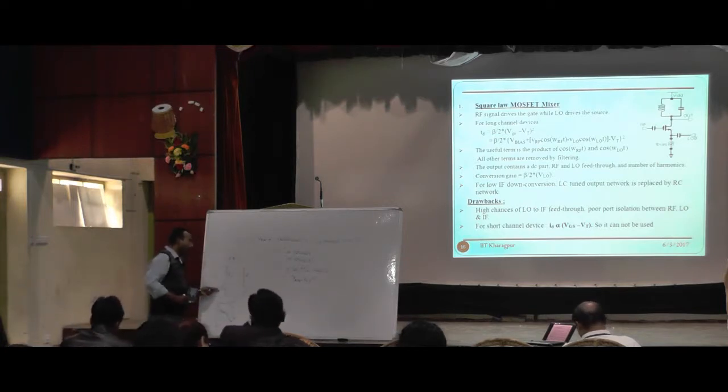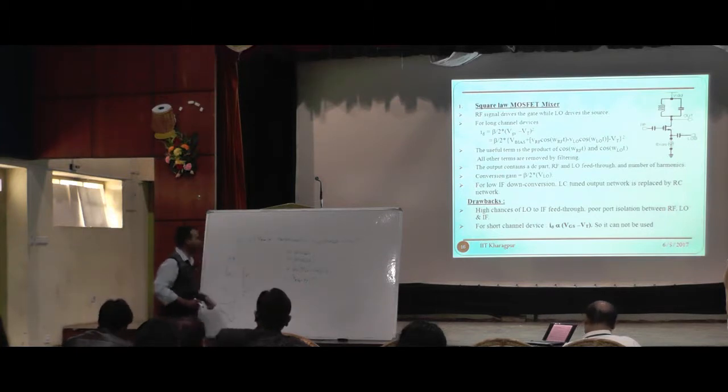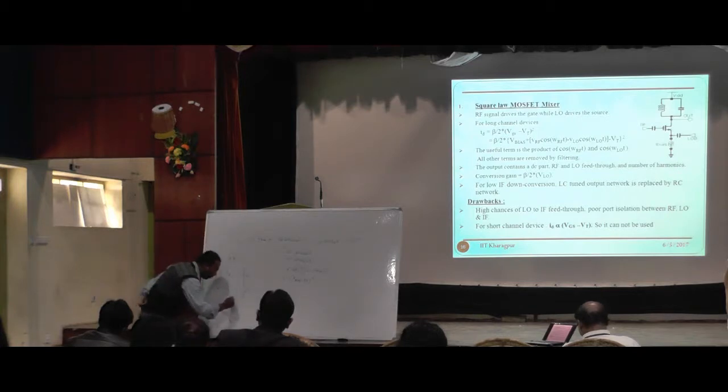Now what you have to do, you have to directly go for multiplication. One way of multiplication is switching. Let's say when I am making it complete, what is the current flowing here? It's I bias, correct? Because of the DC bias, V bias.